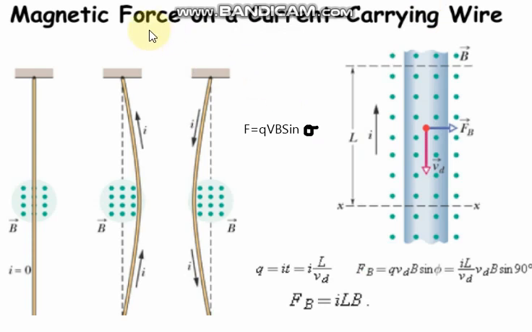Now let's consider the magnetic force acting on a current carrying wire in three different situations. First of all, we refer to this basic equation which gives you the magnetic force on a charge q moving with velocity v in a magnetic field B, which is at angle theta with v.